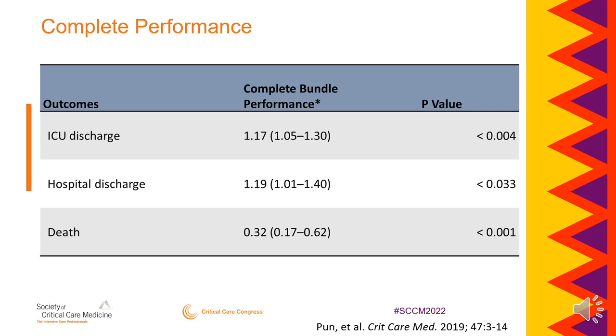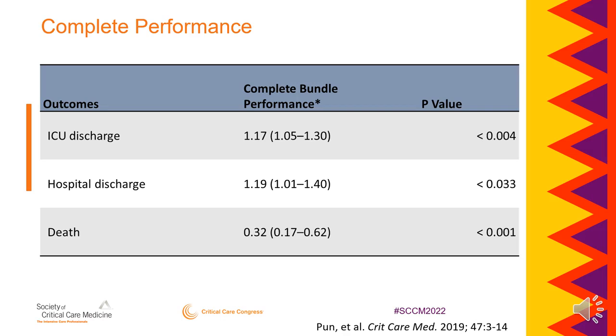Again, not looking at whether it was safe or not. We found that, except pain, every outcome that we looked at got better with complete performance, right? Patients more likely to go home, less likely to die.